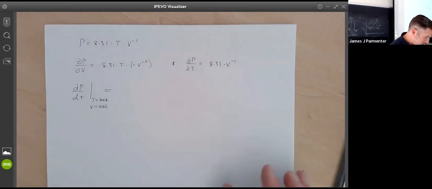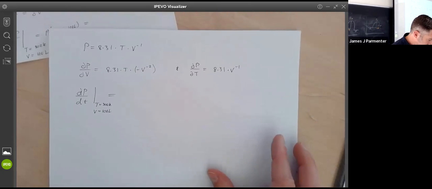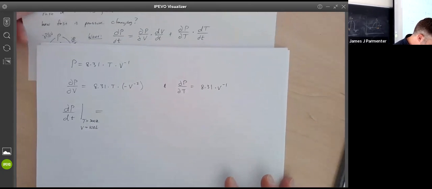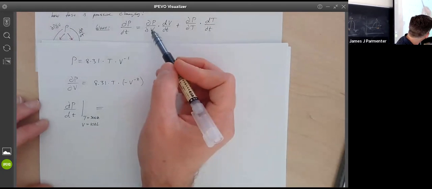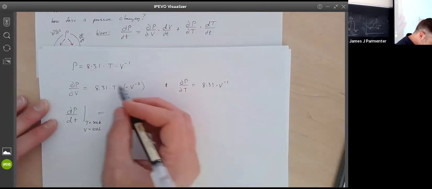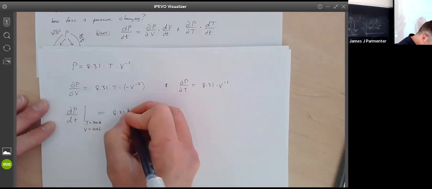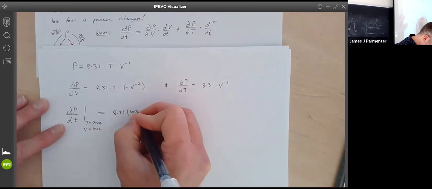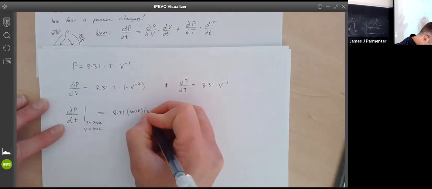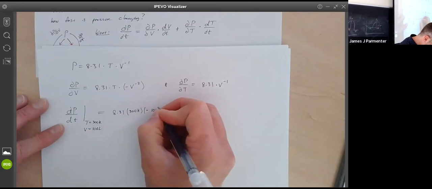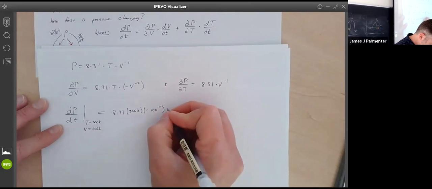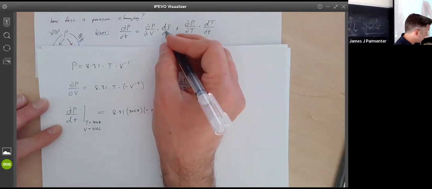So I'm going to have, maybe I still want this up actually. Let me put this back here for just a second. So I'm going to have my del P del V, which is this thing here. So it's going to be 8.31 times the temperature, which is 300 kelvins, times -100 liters to the -2nd, times dV dt, which we were told.